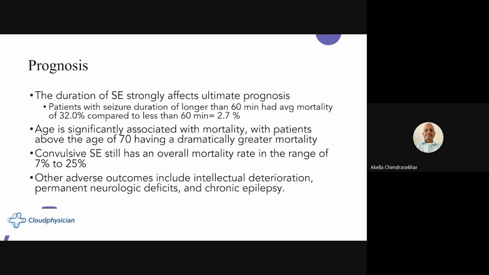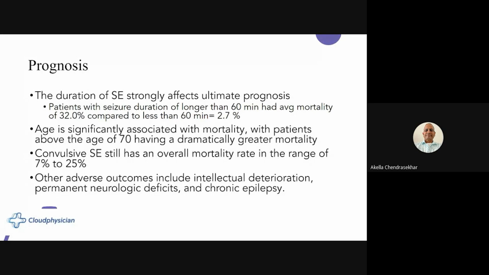Okay, again, duration of seizure activity. Remember, if your status epilepticus lasts more than 60 minutes, mortality rate is up to 32% minimum. Okay, about a third of these patients will die. Now, compared to if you can control the seizure activity within 60 minutes, notice 2.7%. I agree, this is like 1 or 2 studies, but it's giving you an example of duration having an impact on mortality.